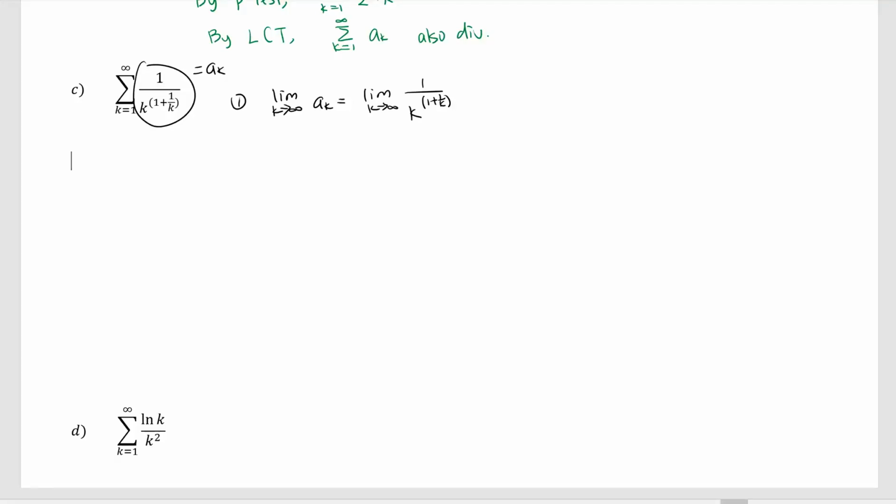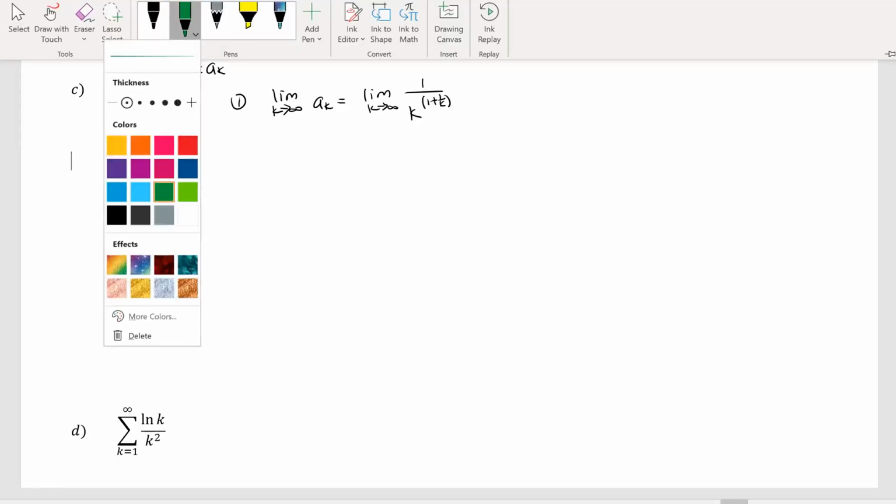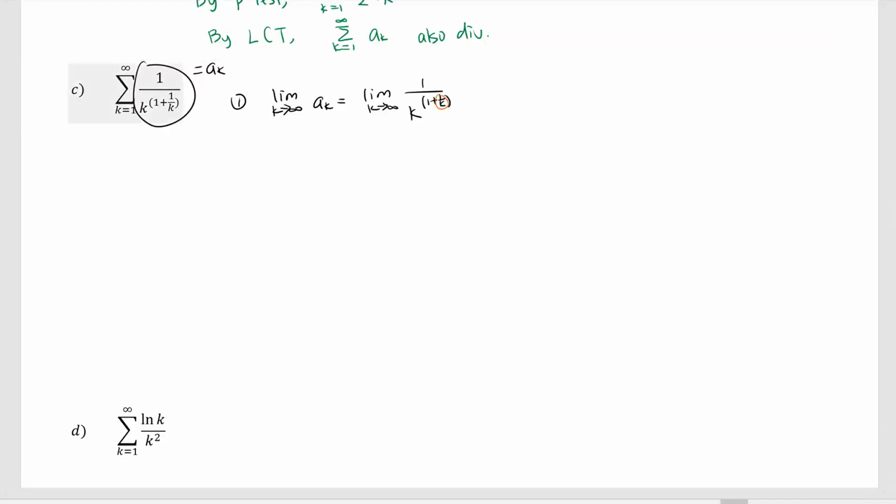So when k goes to infinity, this 1 over k goes to 0. So this looks like 1 over k to the 1 plus 0, which is 1. So this looks like 1 over k. So that's why the limit is 0. Okay, so the divergence test doesn't work.